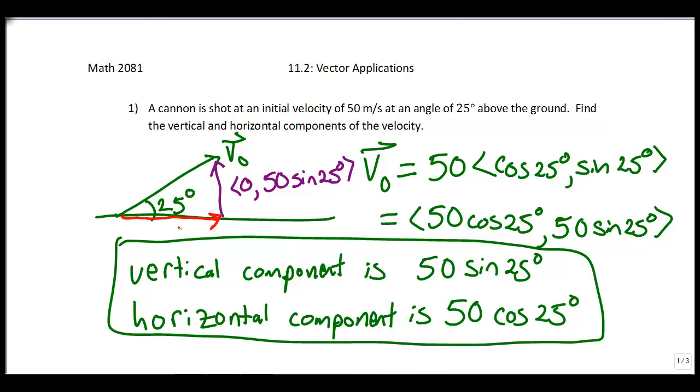And then this one in red is going to be 50 cosine 25 degrees, comma 0. So if you add the red and the purple together, it gives you the green, the v naught. Okay.